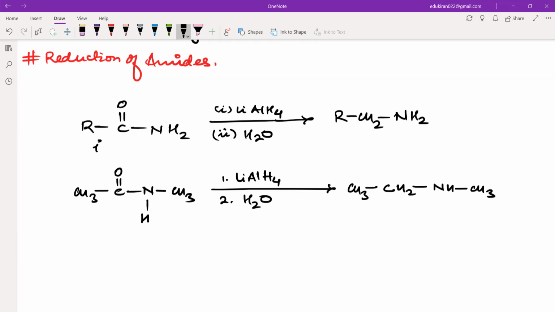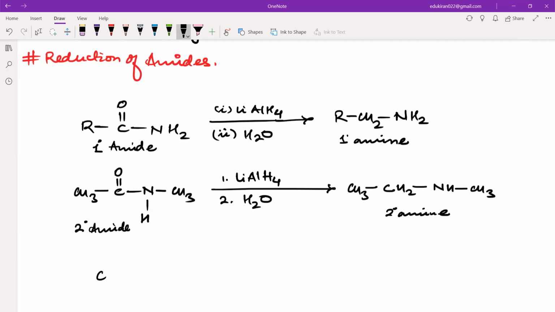If you use 1 degree amide, then you are going to get 1 degree amine. If you use 2 degree amide, then you are going to get 2 degree amine.